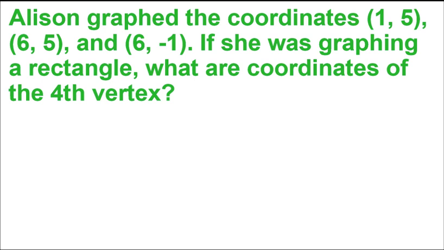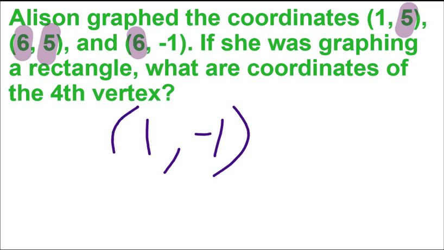Okay? We find the matches, right? So what's a number that we have that matches? 5. We got a 5y and a 5y. It needs to match the number and the x or y part, okay? What else matches? 6. All right, what do we have left? We have an x value of 1 and a y value of -1.